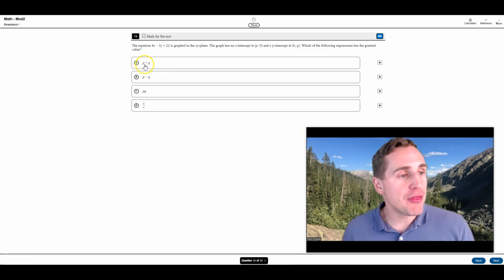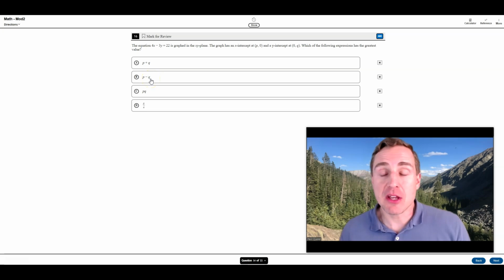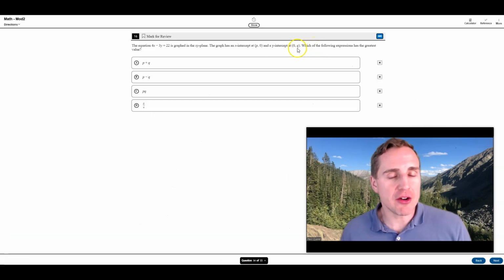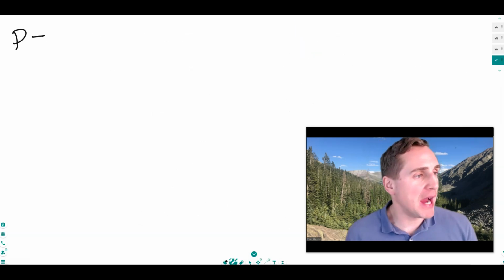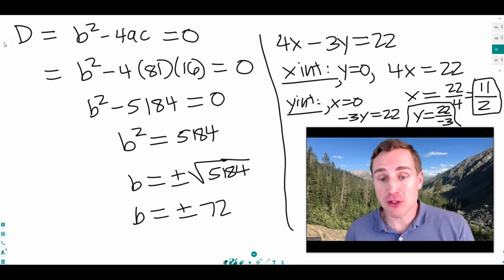Now, if I were to add those, I'd be adding a positive and a negative number, so that's going to get a little bit small. If I go p minus q, that's going to give me a larger number because q is a negative. In other words, q is the y-intercept. So p minus q is equal to 11 over 2 plus 22 over 3.